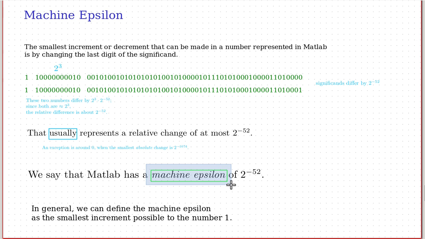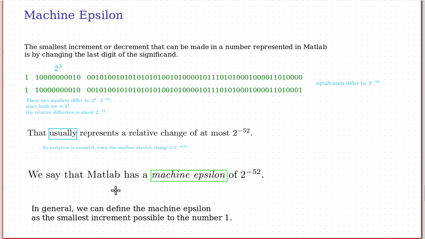Computer languages and I guess software and hardware too, I don't know anything about hardware really, but I'm guessing hardware also has these kinds of limitations. The machine epsilon represents a fundamental limitation on your ability to increment numbers, to go from one number to the next higher number.